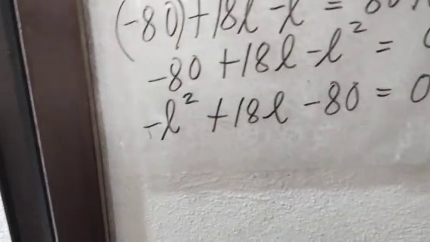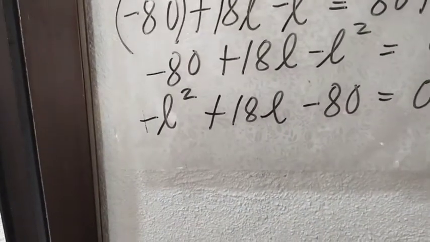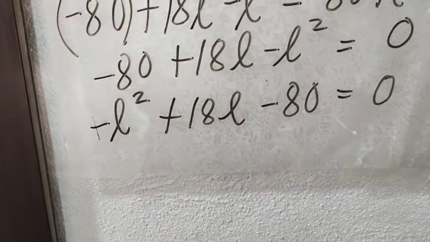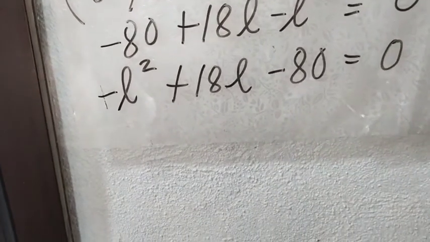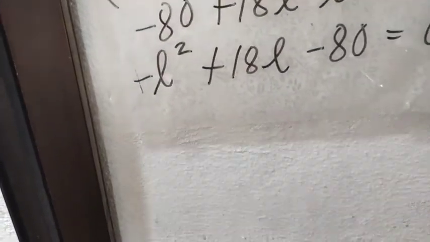Since ang ating leading coefficient is negative, for you to make it easier in factoring, kailangan siya ay positive. So, how are we going to do that? We have to multiply both sides by negative 1.